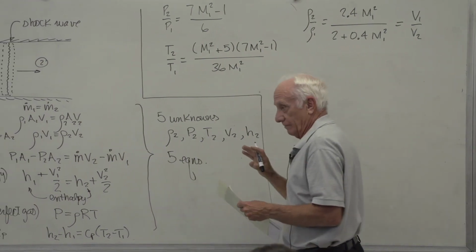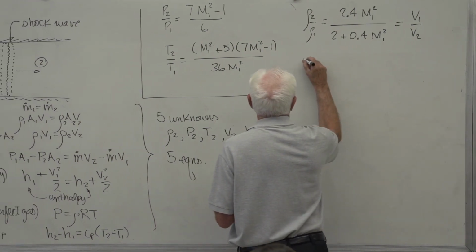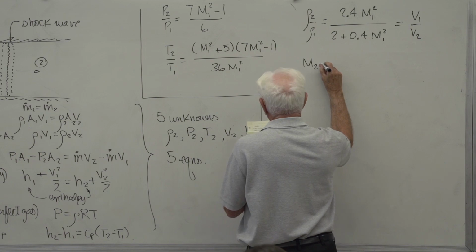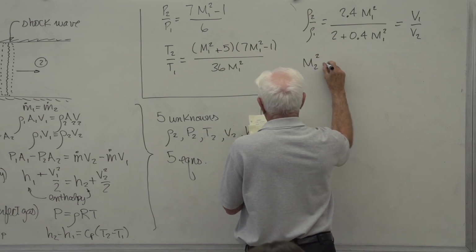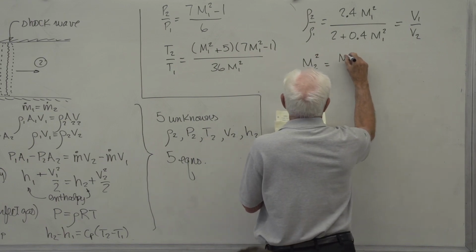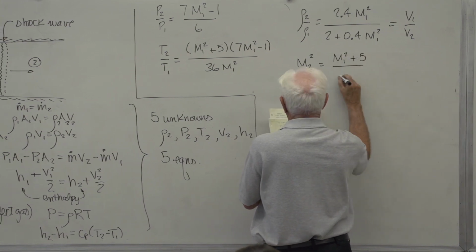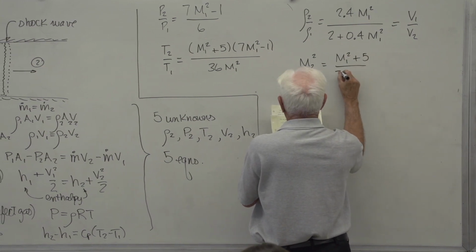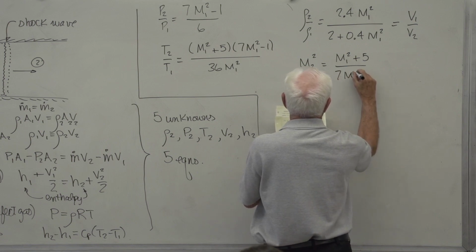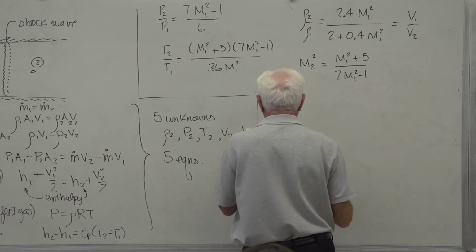Okay, now if you want to find the Mach number 2 squared, it's Mach number 1 squared plus 5 divided by 7 Mach number 1 squared minus 1.